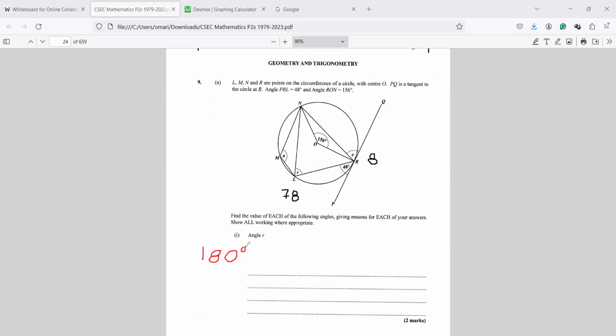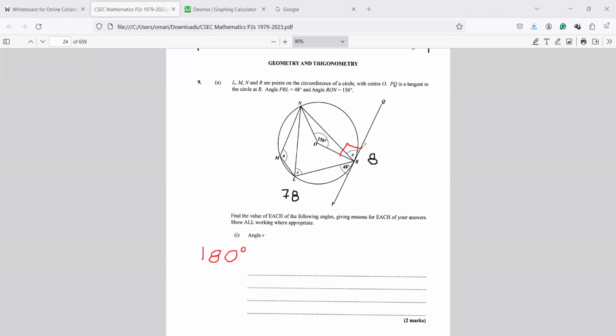But what he actually pointed out was a very good example of an alternative approach that you could have used to find E. As you rightly said, QRO right there is a 90-degree angle, because where the tangent meets a radius is 90 degrees.